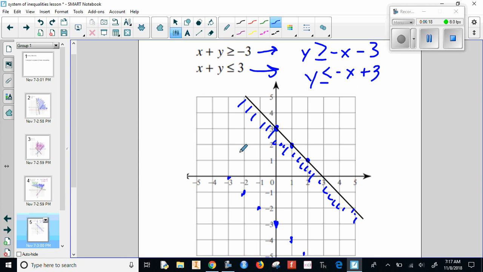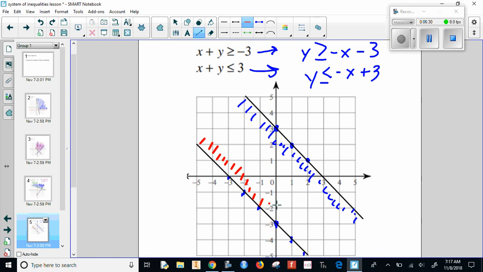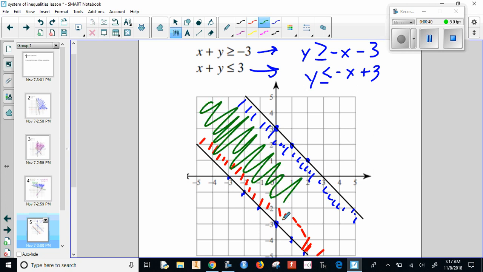Looks like these are going to be parallel lines. This is again a solid line. And now we're going to do the top half. So the place where it's included in both of these is the middle. So this area right here is the place that's included in both of these graphs.